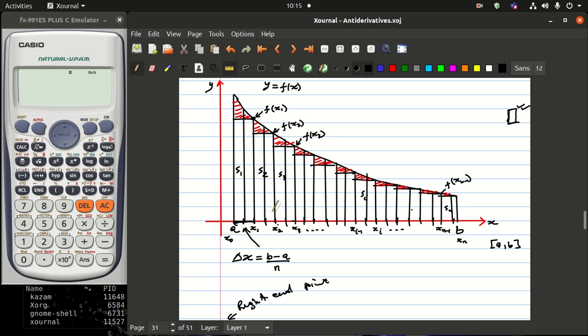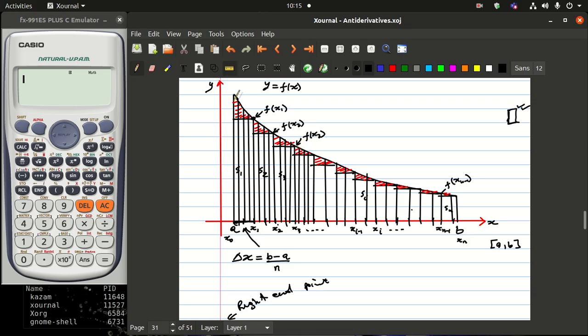So if I decide to add another height there, to have as many intervals, in other words, I'm increasing n, you will see why I'm doing this. I add another height there, and another, and another.